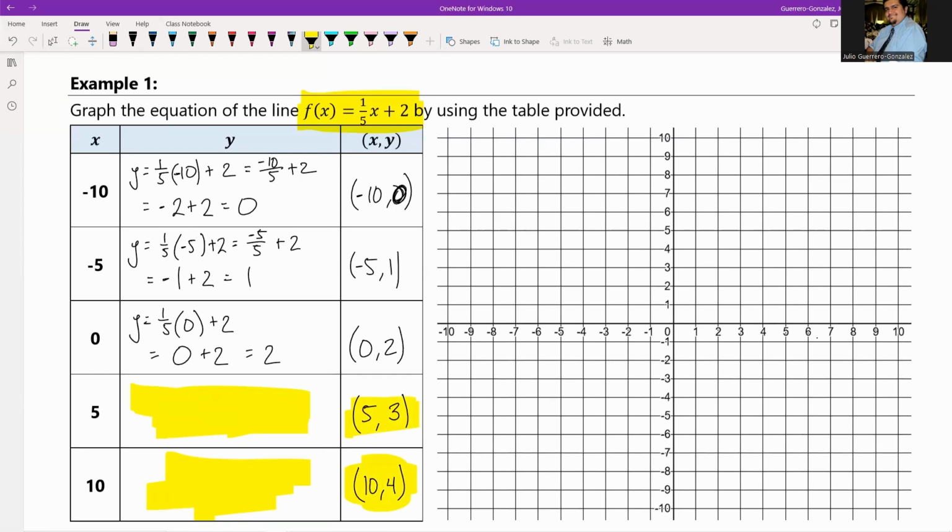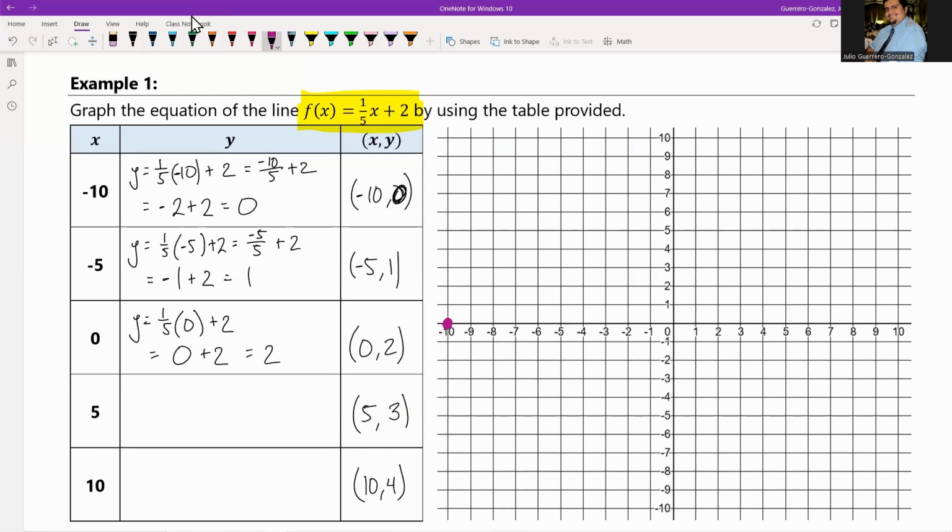Remember how I said if you plug in enough x values and get y values, you get ordered pairs, and if you slap enough of those on graph paper, you'll get the graph. That's what we're about to do. I'm going to use purple for the points. The first one is negative 10 comma 0. That's this point right here.